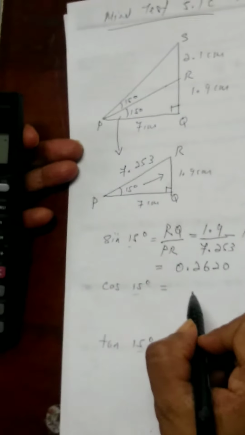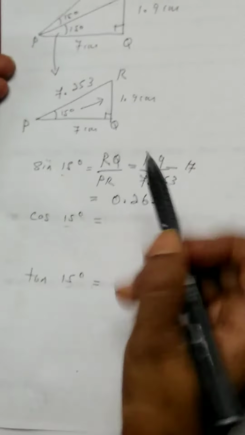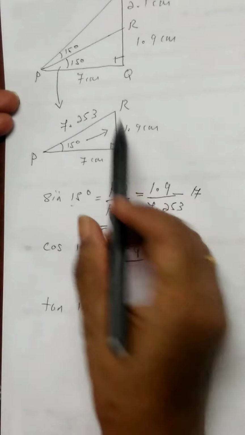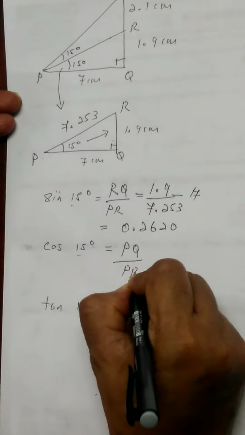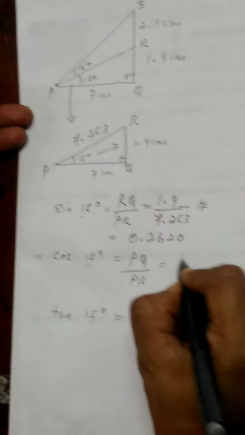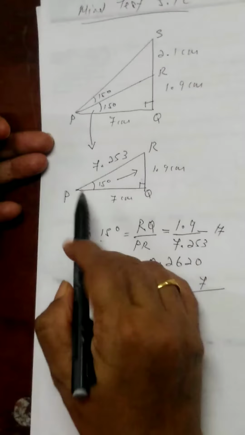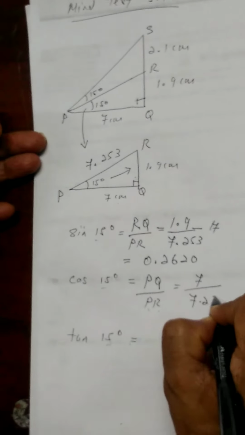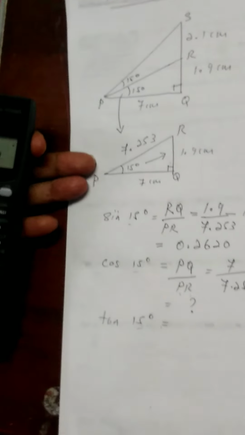Okay, so likewise for cos 15. Cos 15 is actually the adjacent, PQ over your hypotenuse, which is PR. So PQ is given as 7 over PR here. This is 7.253. So you can actually calculate your answer.